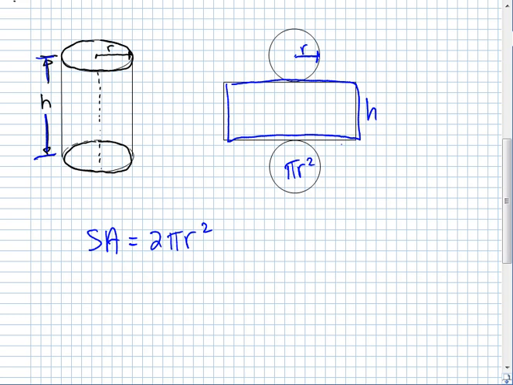So times 2 gives you the area of the top and the bottom of the cylinder. The area of the rectangle is just length times width. So I need to add in that length times width, but I don't know what that length is. I've got to find what that length is.